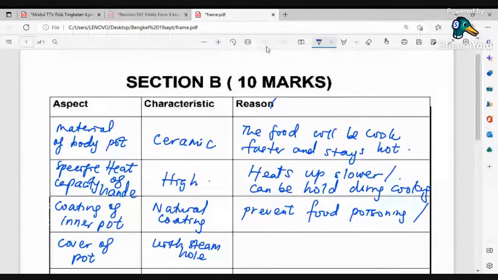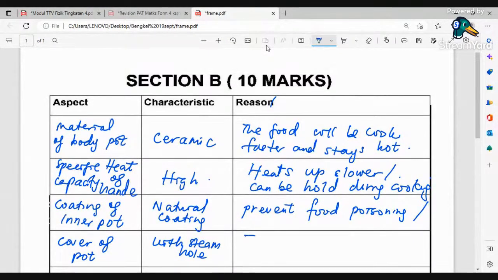Okay, cover of pot with steam hole to release pressure in the pot.